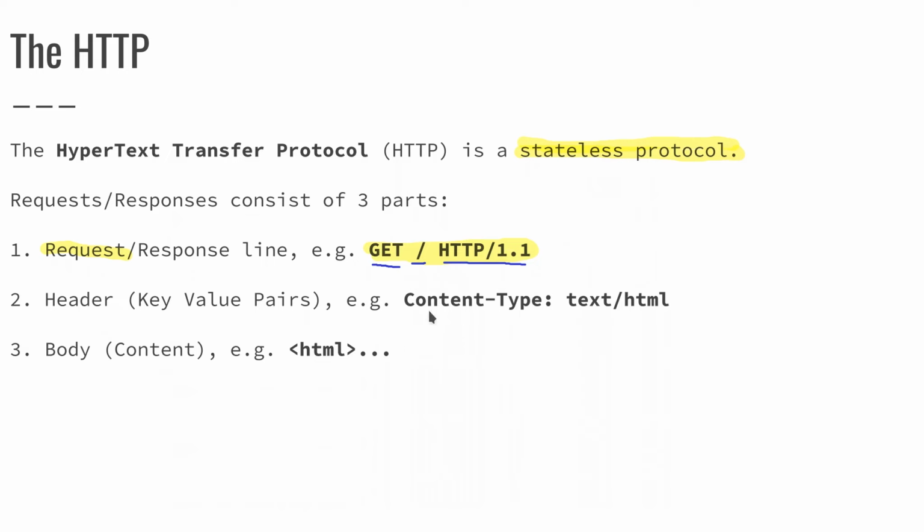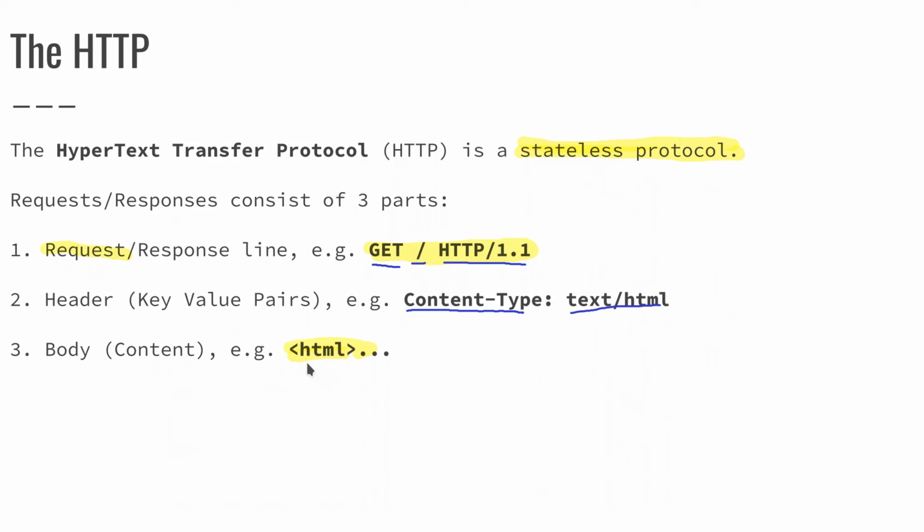In this case, this is from a response, a key-value header pair. This is Content-Type: text/html, so the browser knows that what is being returned is HTML, and knows how to interpret it. Afterwards, there comes an empty line and then the actual body in the response that can be, for example, HTML.